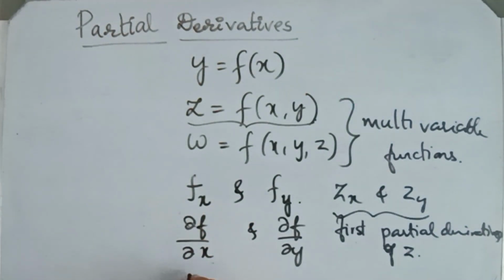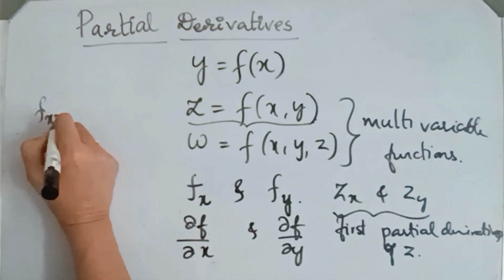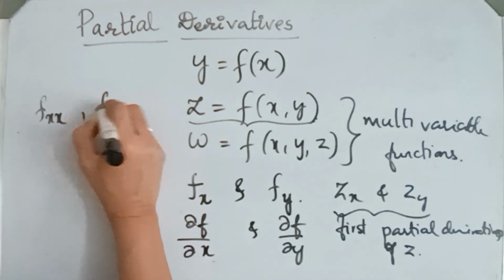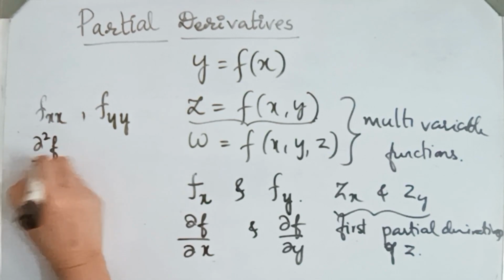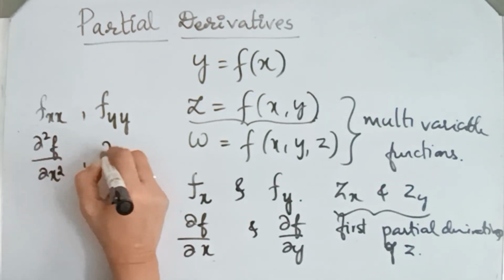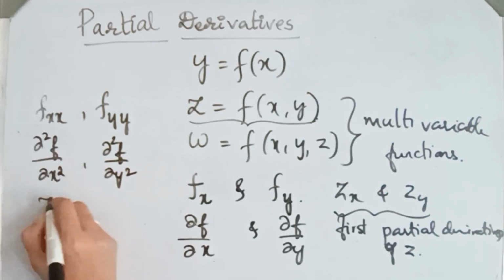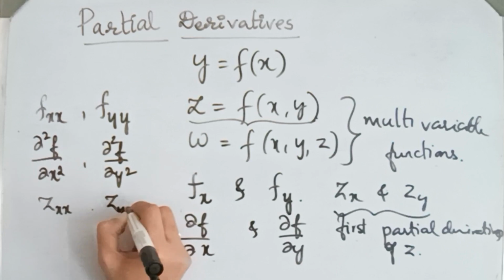The second partial derivative of z is denoted as fxx, and the second partial derivative of f with respect to y is denoted as fyy, or dou square f by dou x square, dou square f by dou y square, or this can also be written as zxx and zyy.